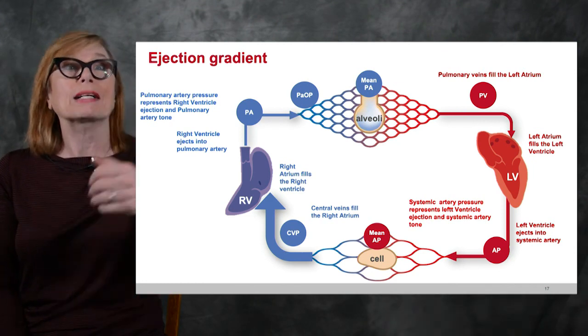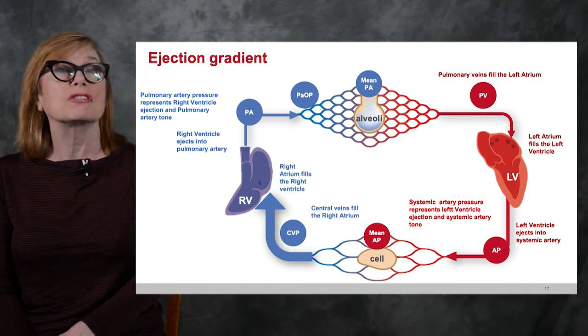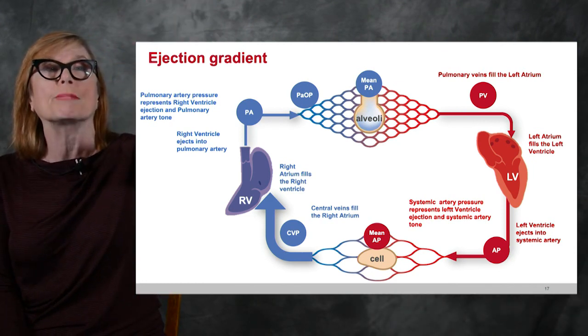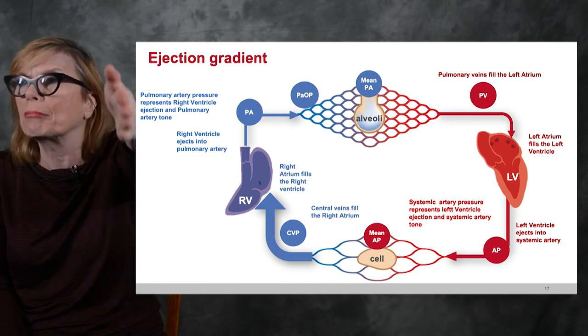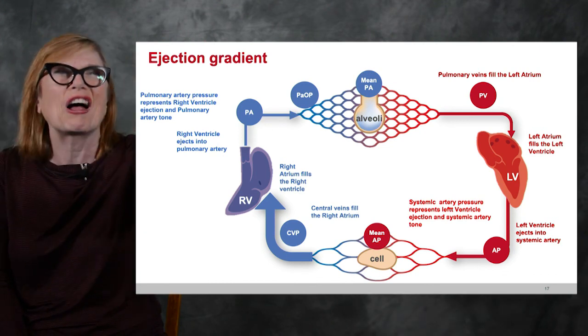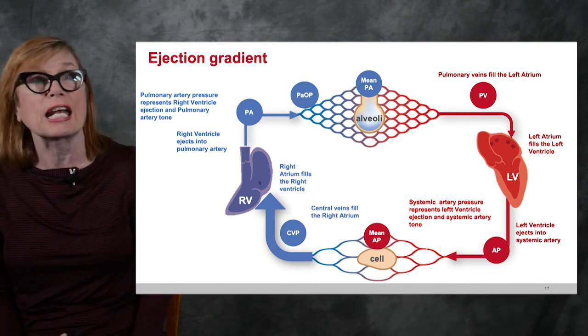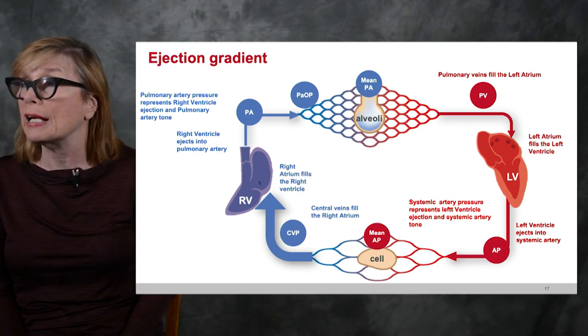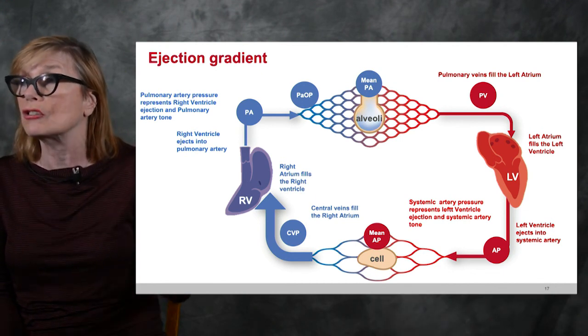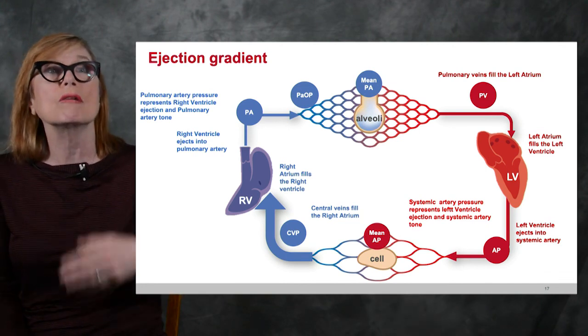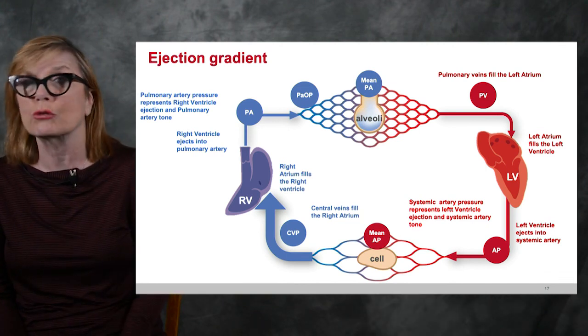So now we go back to our cartoon and we remind ourselves that the right ventricle ejects into the pulmonary artery, pushing that blood flow forward, so there's gas exchange with the alveolus, transitioning it from relatively deoxygenated and CO2 rich to relatively reoxygenated and CO2 poor.